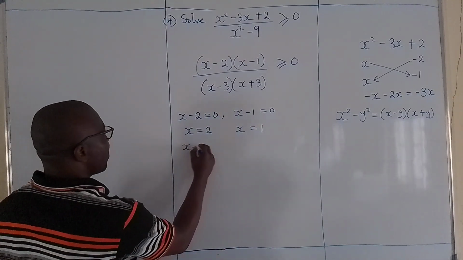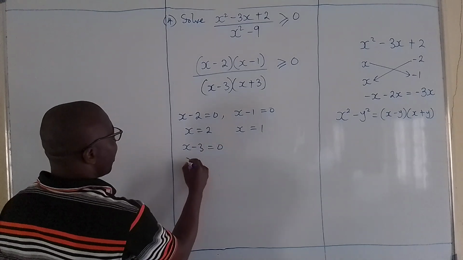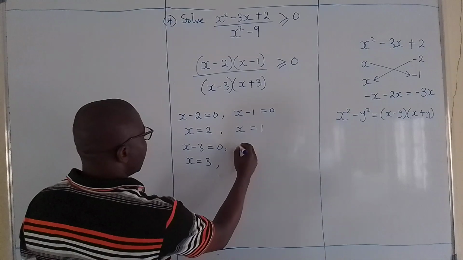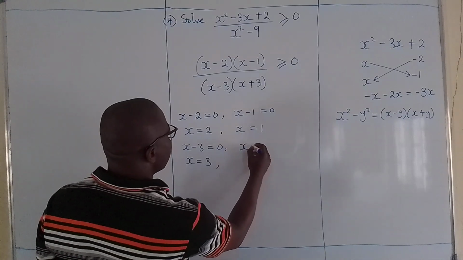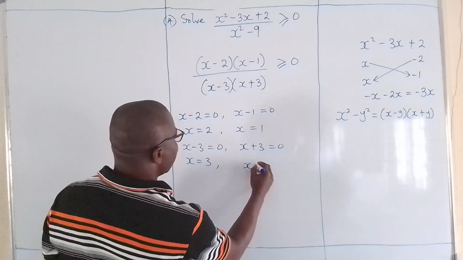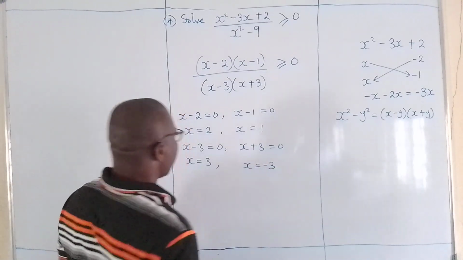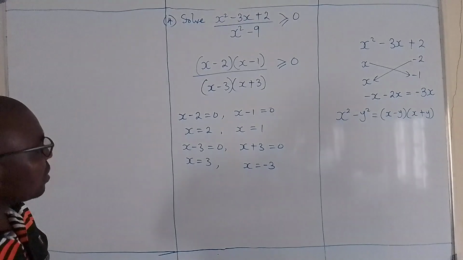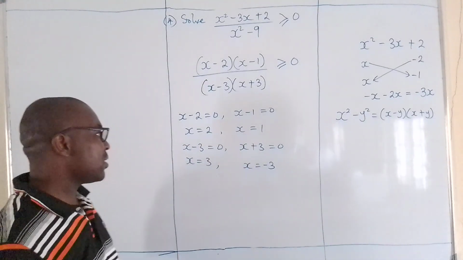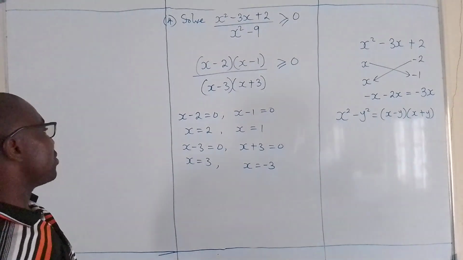If I equate x minus 3 to 0, I'll have x is equal to 3. If I equate x plus 3 to 0, I will have x is equal to minus 3. So these are the points we'll be considering: 2, 1, 3, and minus 3.